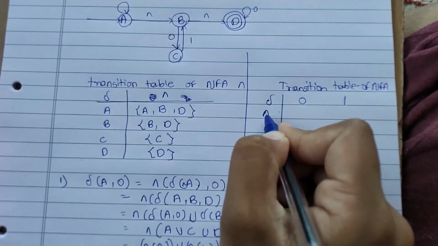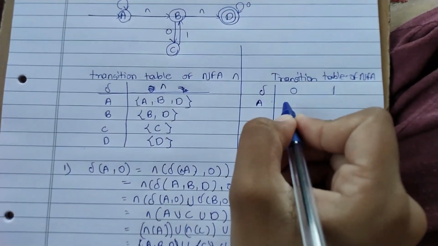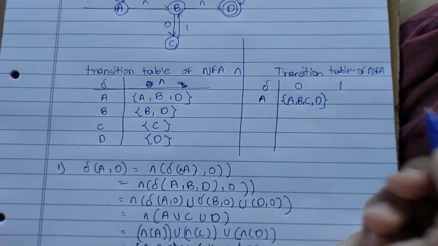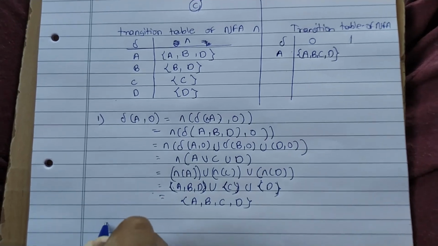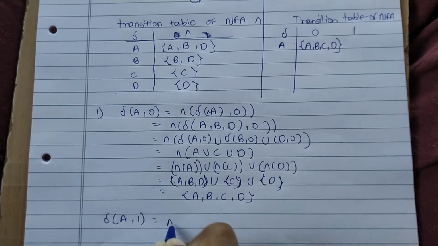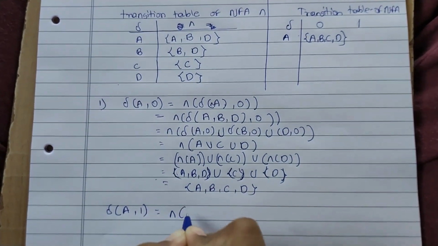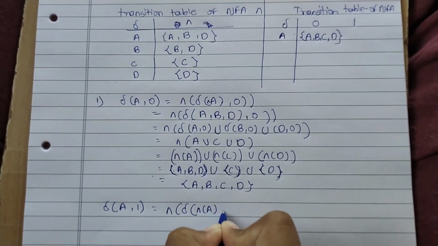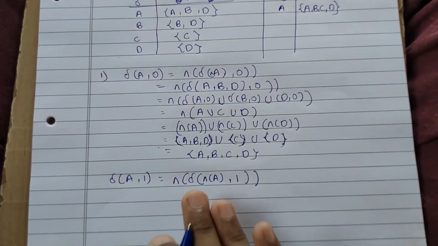So first we complete state A, where we read 0 and A reads 0 in A, B, C, D. So we write here A, B, C and D. Now we read 1, so delta of A and 1. As usual, first we want to find the null value for this A, 1. First we find null of A and then this one separately, and this is the equation.